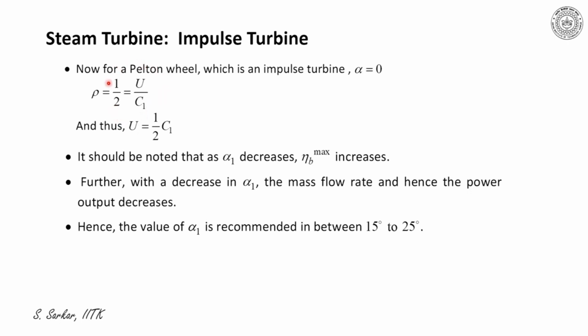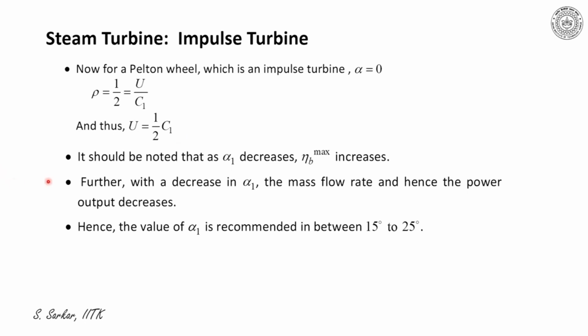This is the condition for maximum efficiency of a Pelton wheel, and hence U would be equal to half of C1. So from here it can be concluded that if the blade speed of a Pelton wheel is half of the jet speed, then the efficiency would be maximum.